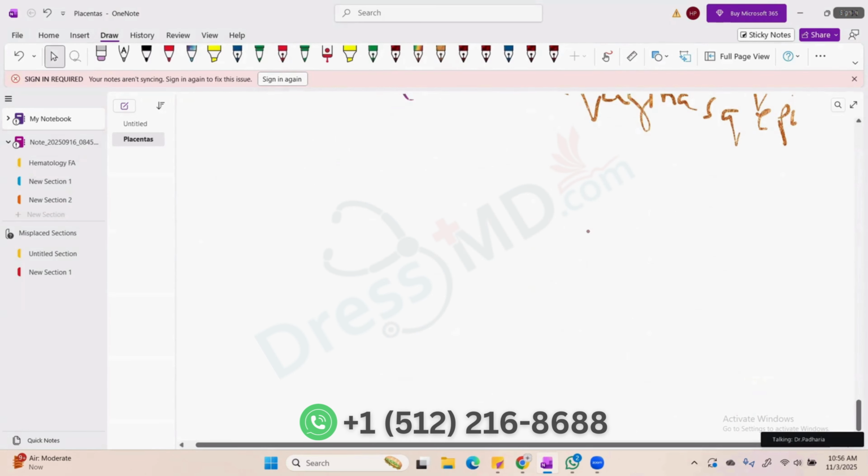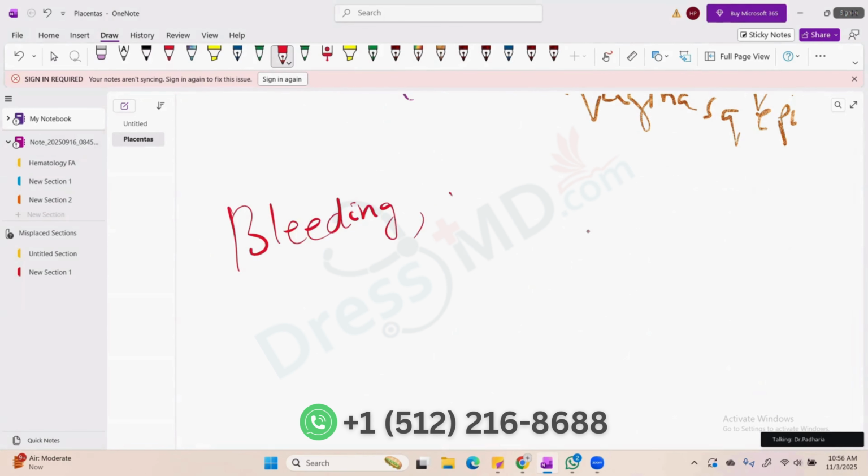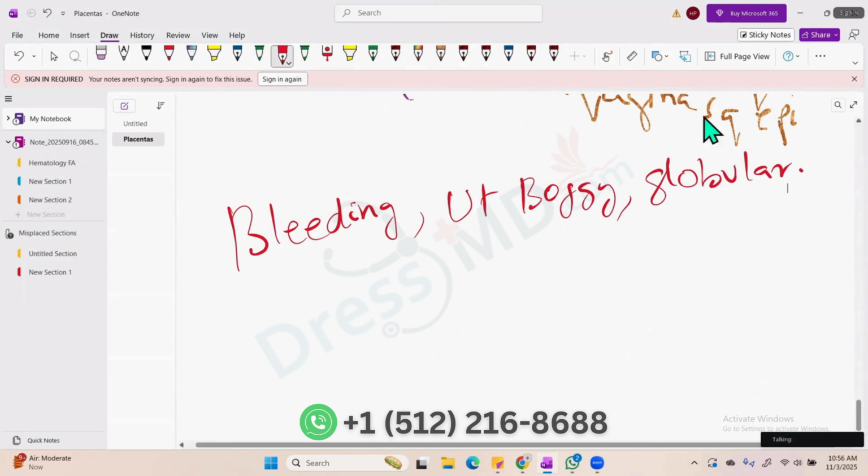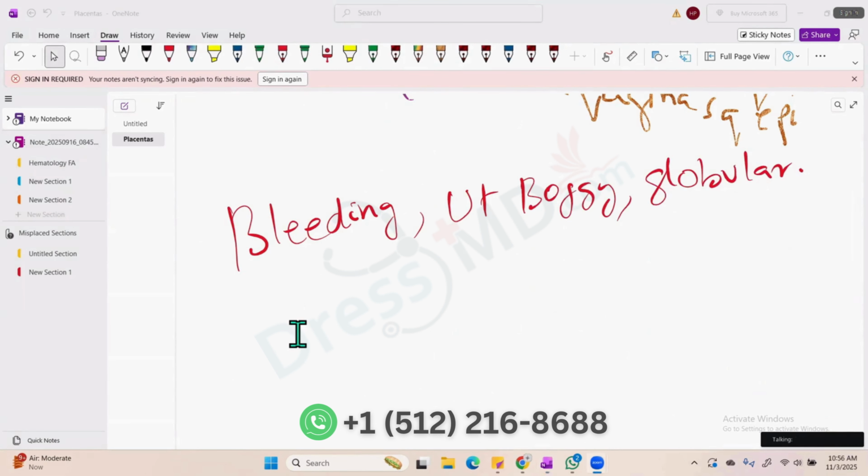The patient will present with bleeding, and the uterus will be bogey, or baggy, and globular. Very good.